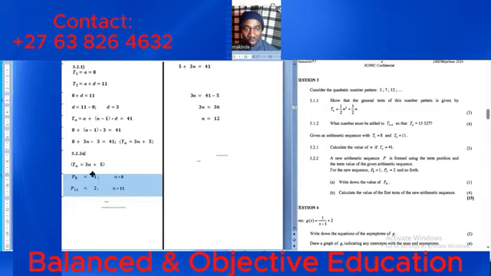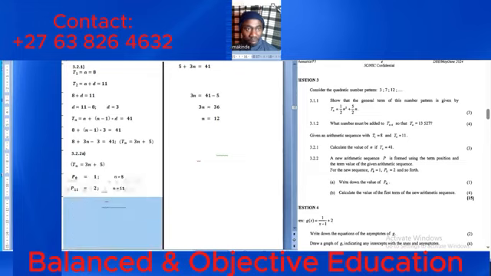If you substitute 1 into this n, you get 8. If you substitute 2 into this n, you get 11. So the value in the P sequence represents the position in the original sequence, right?